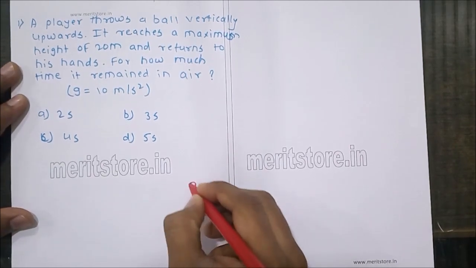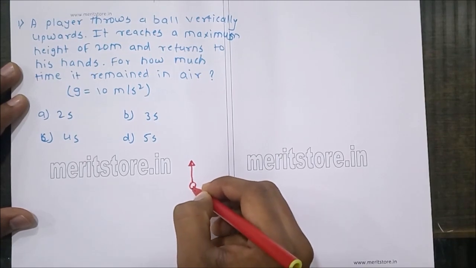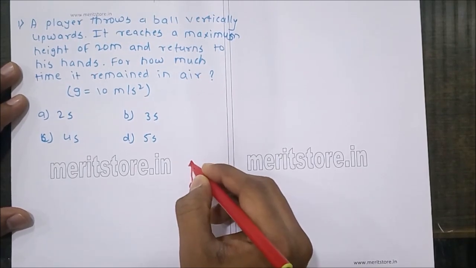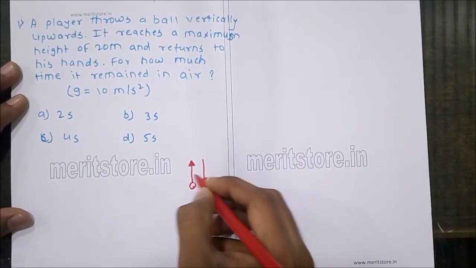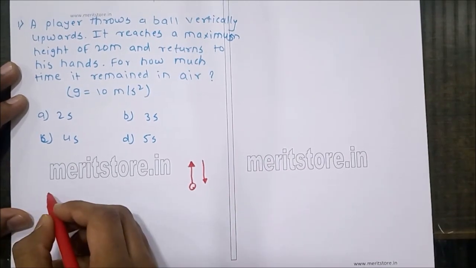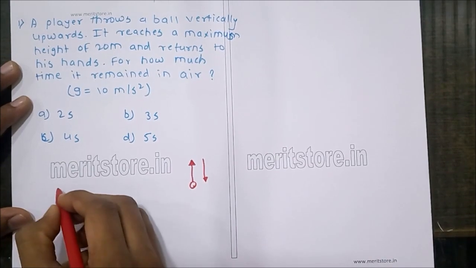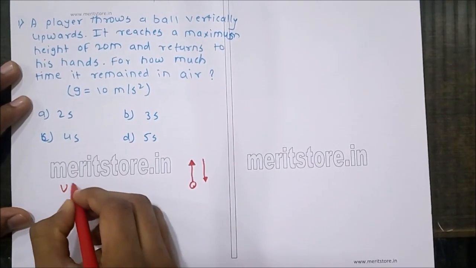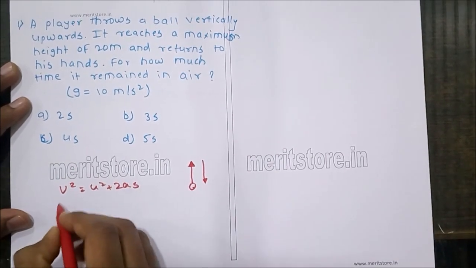For this problem, let us find the time taken for the ball to reach the maximum height from the point of projection. The time that it takes to come back would be equal, hence we can multiply it by 2. To find the time for reaching the maximum height, we can use the kinematic equation v square is equal to u square plus 2as.